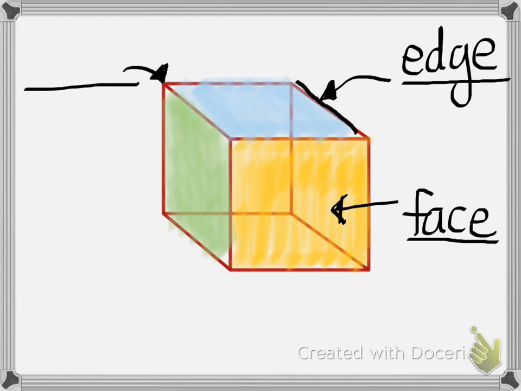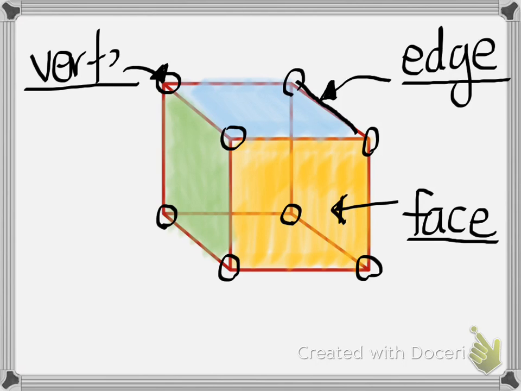And if you tipped this right on its very point, and there's a lot of them, like this right here, or right here, or right here, or right here. Okay, there's a lot of them. Those circles that I just drew are on each vertex. And the plural of vertex is vertices.